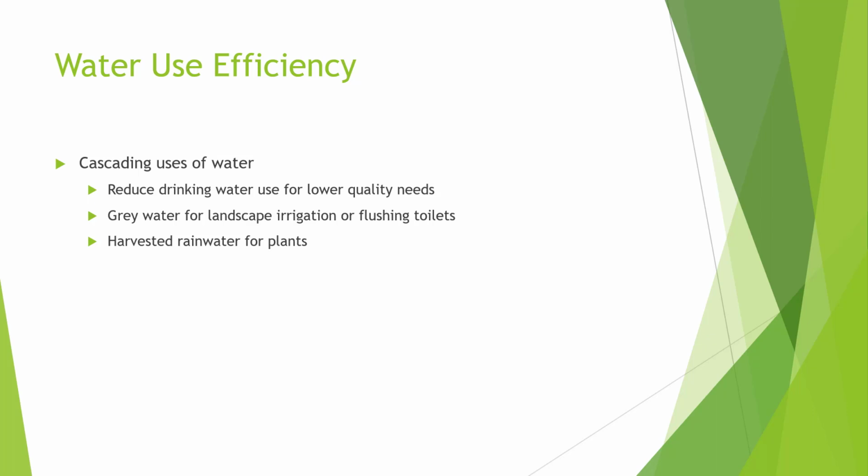Non-potable water has not necessarily been chemically treated, but it's safe for use, but not to ingest. So you could use non-potable water for showering, or to water your lawn, as it talks about gray water. Gray water is non-potable, but it's been treated to an extent, but not for consumption. And then harvested rainwater, you can use it for plants. Some people have barrels for rainwater use, or you can divert.